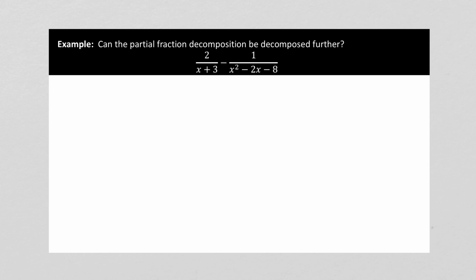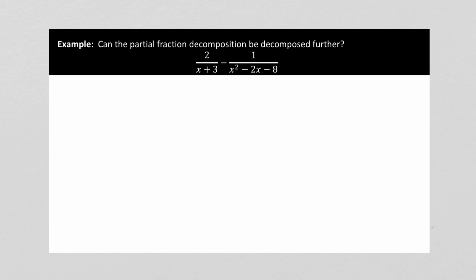The last example and the last set of problems you'll be looking at ask us, can the partial fraction decomposition be decomposed further? So basically, what it's asking is, can the bottoms of these fractions be factored any further? If they can, then we could continue with the partial fraction decomposition. If they can't be factored, then we could not continue.